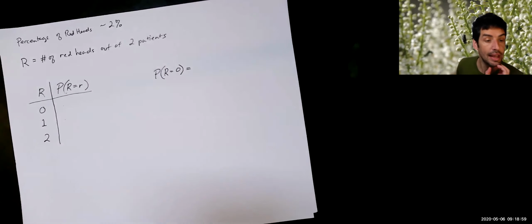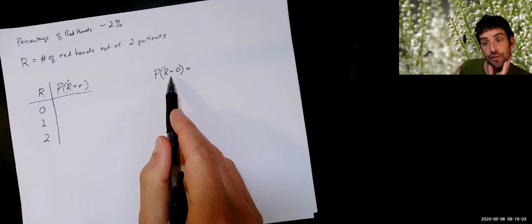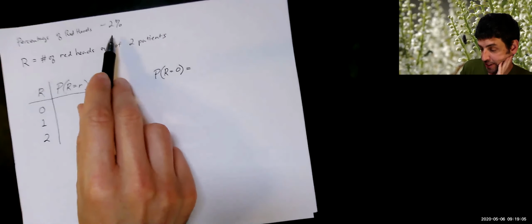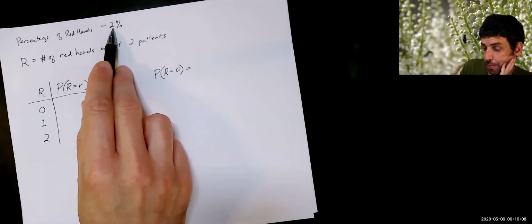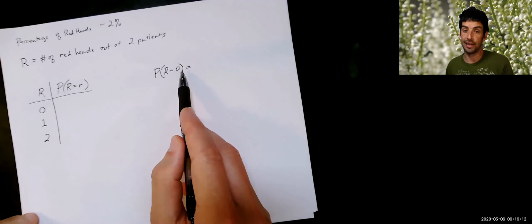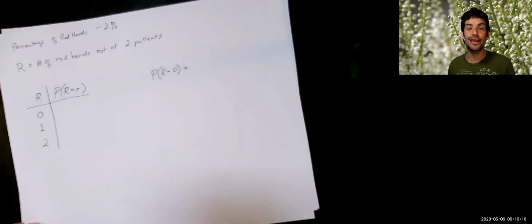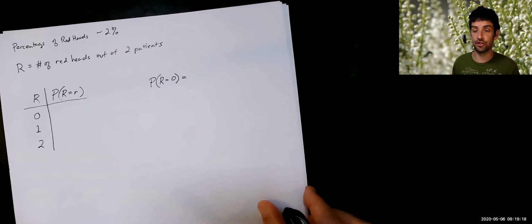I don't know this off the top of my head. You might think to yourself, well, there's 2% redheads, so there's 98% that are not redheads. So we might think about that 98% because we're looking at no redheads, but we're talking about two people, and so that changes things.